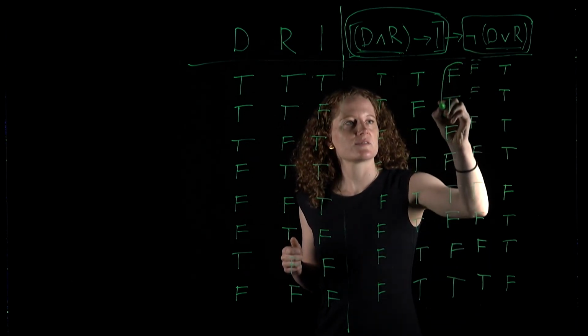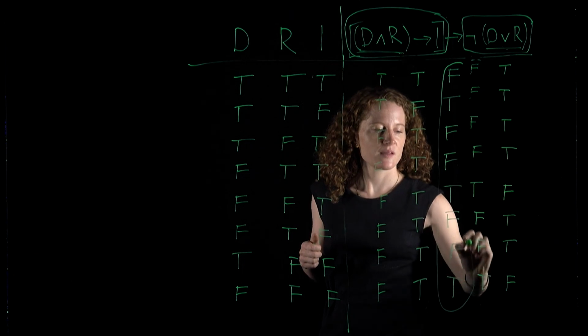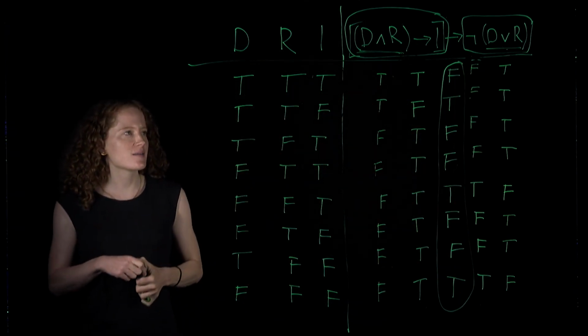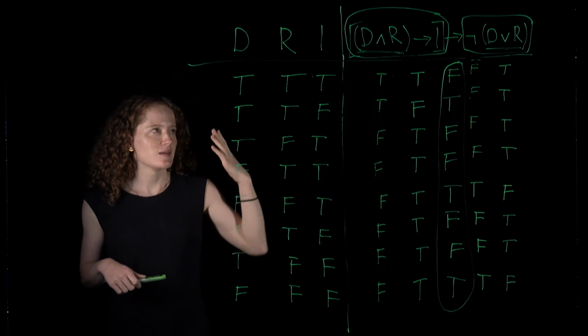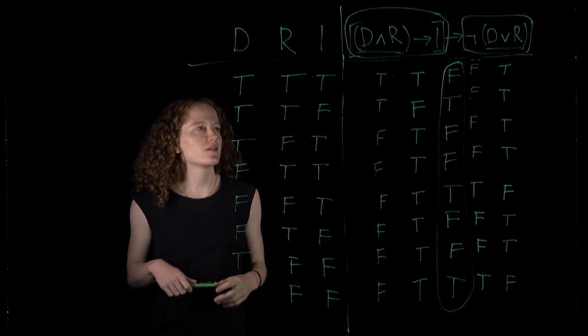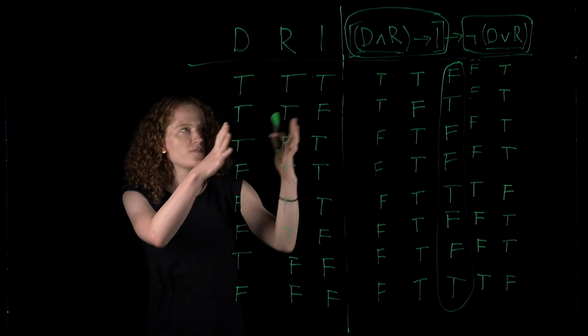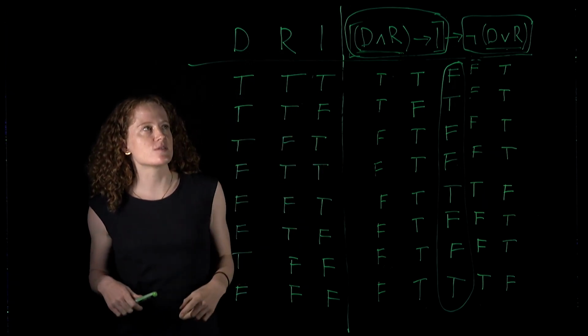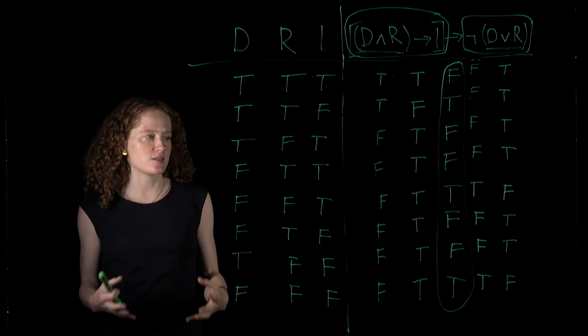Our main connective is this conditional here. And in the column under this main connective, we can read off the possible truth values of our sentence as a function of the possible truth values of the constituent atomic sentences.